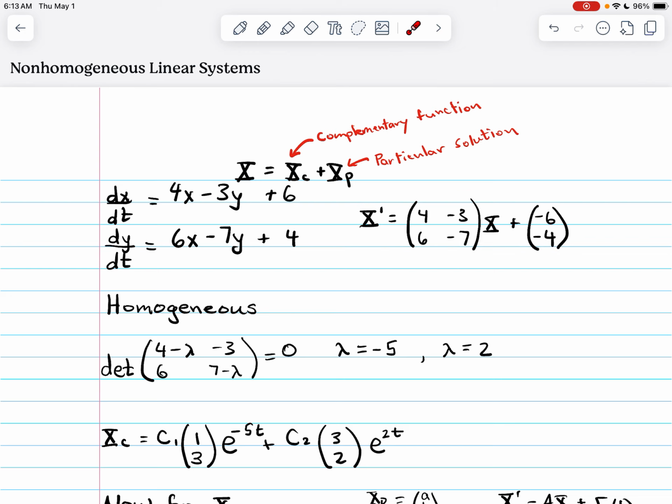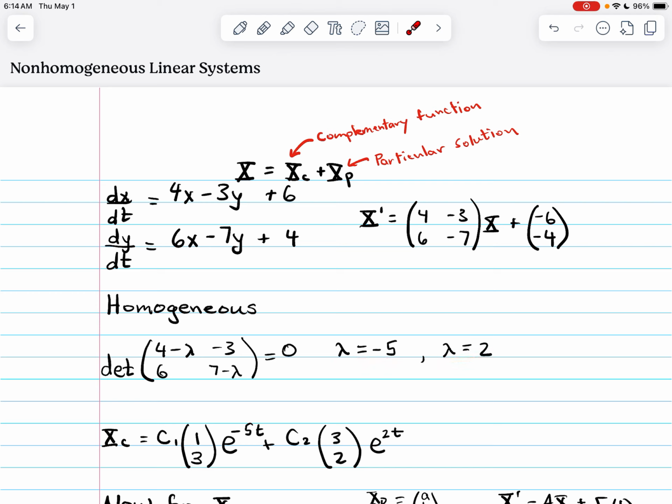Now, for both of these methods, the undetermined coefficients and the variation of parameters, the first thing we're going to do is find the complementary function. In other words, I'm going to solve the homogeneous differential equation. So I'm going to solve this part, and you know the first thing we do is find the eigenvalues and the associated eigenvectors.